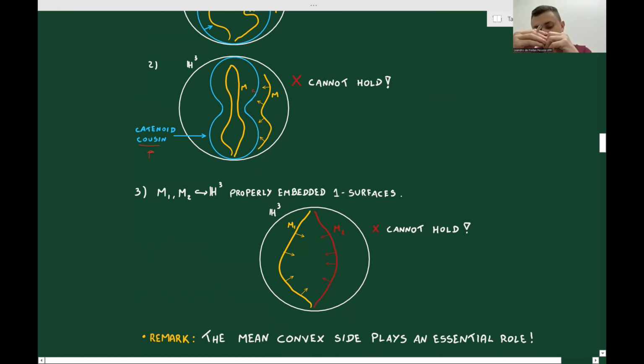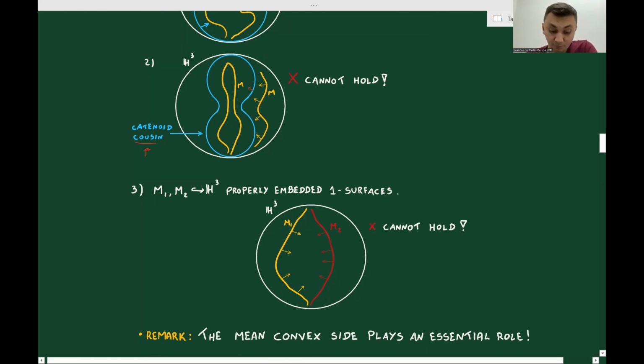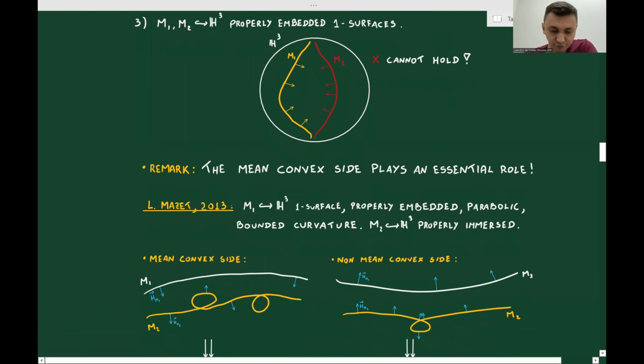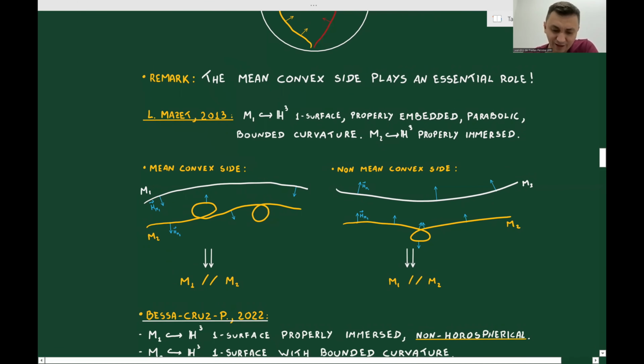Again, if you have two CMC-1 surfaces properly embedded in the hyperbolic space, they cannot define a mean convex region between them. Okay, so this is just to point out that this mean convex side of the surface is really an essential point to consider in the intersection problem.